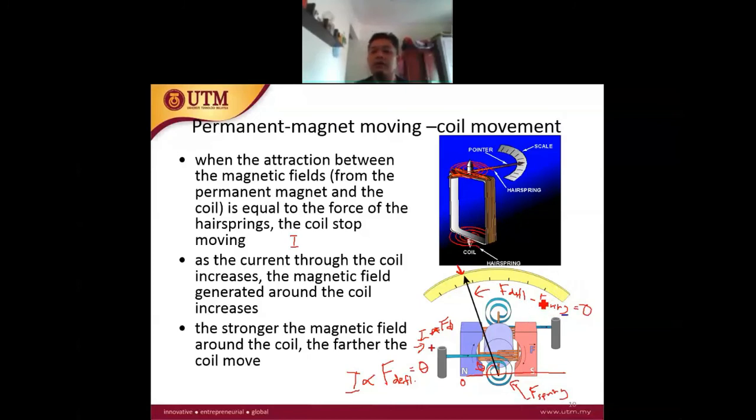If you have a force in one direction, and then there's another equivalent force in the other direction, the object will remain idle, or remain at that position. It will not move further or move backward.